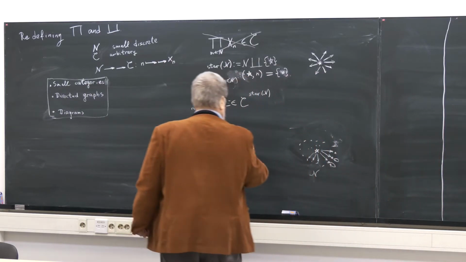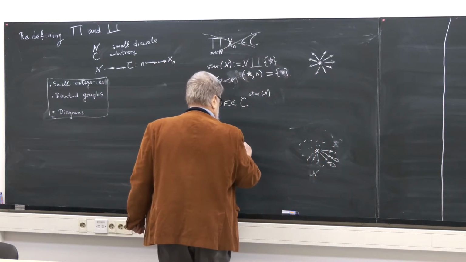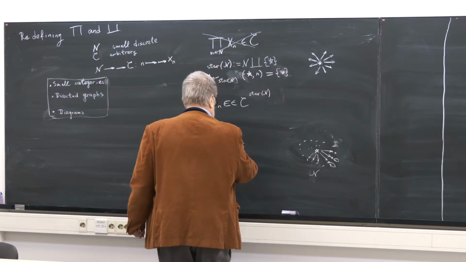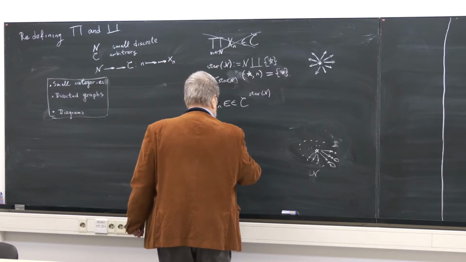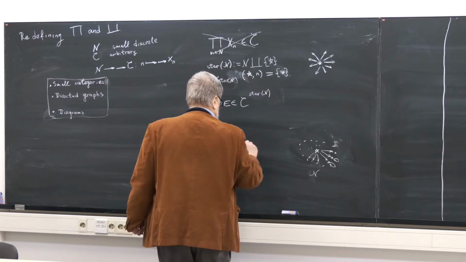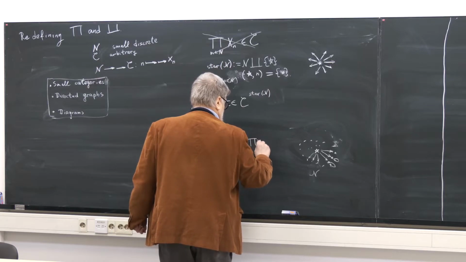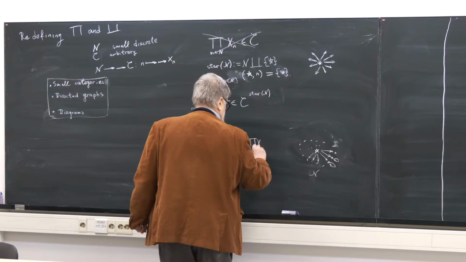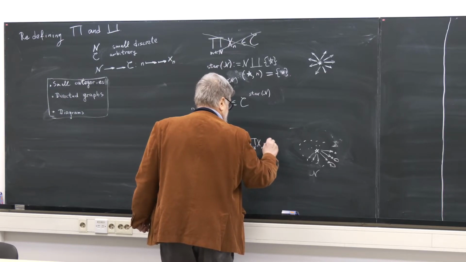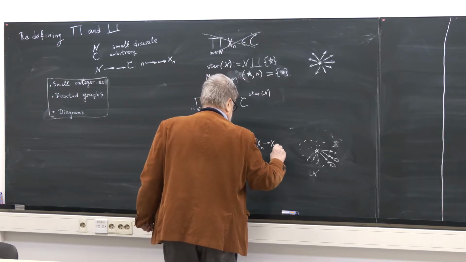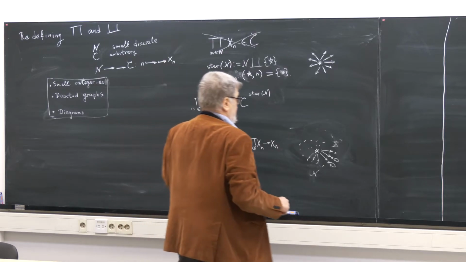These arrows are what is standardly denoted by projections of the product to the factors.